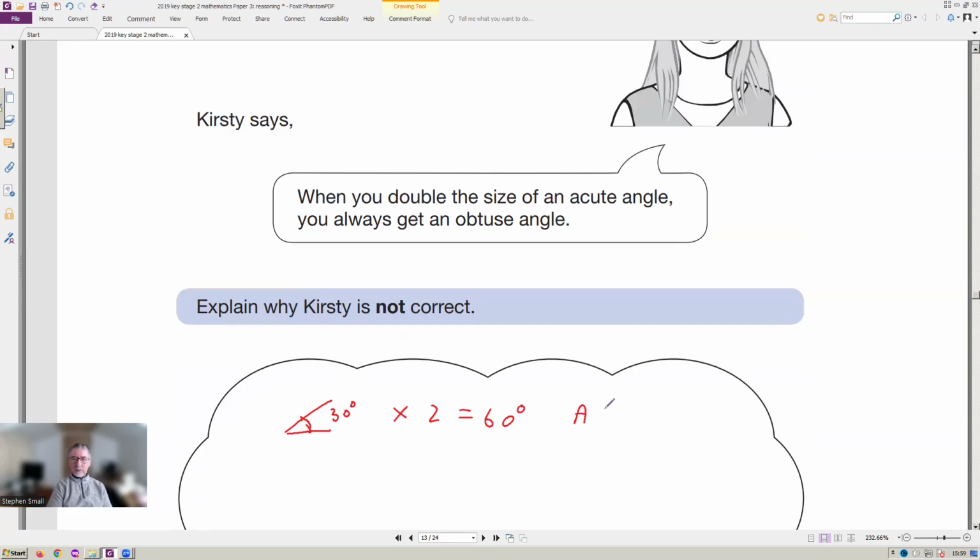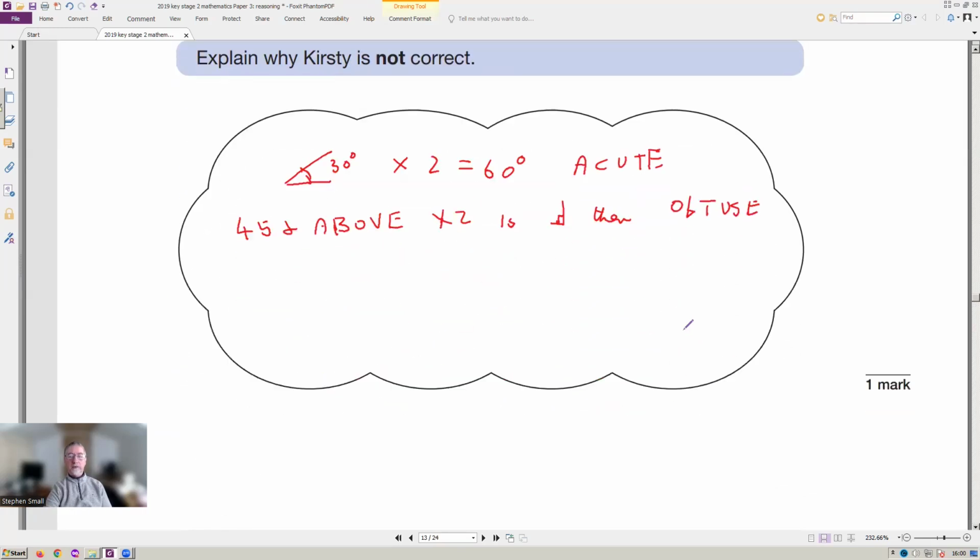Acute. Yeah, I think that should be enough to explain it. We could elaborate. Yeah, I think it's good enough.